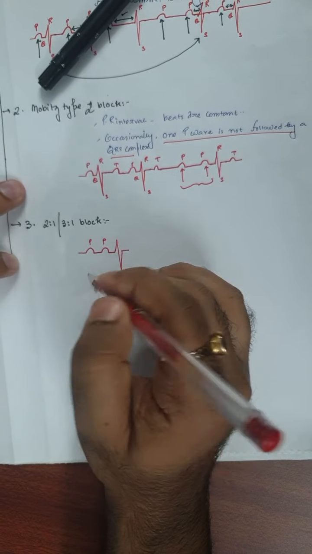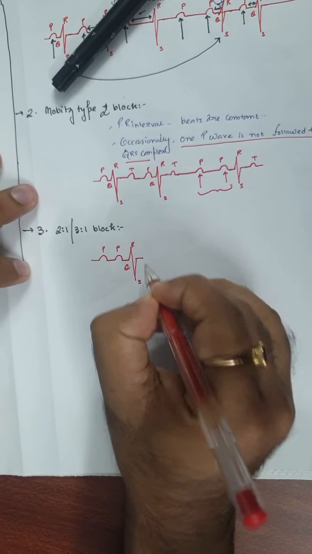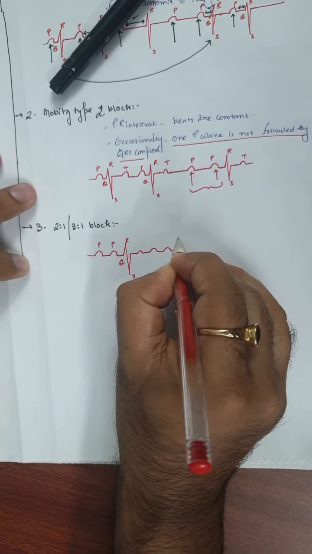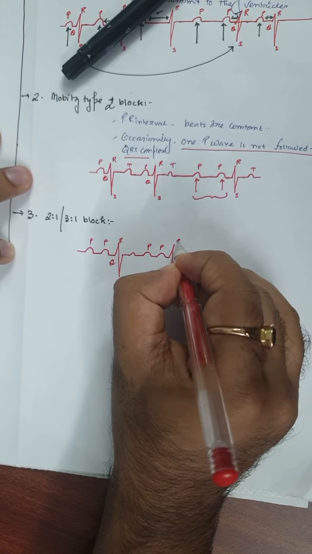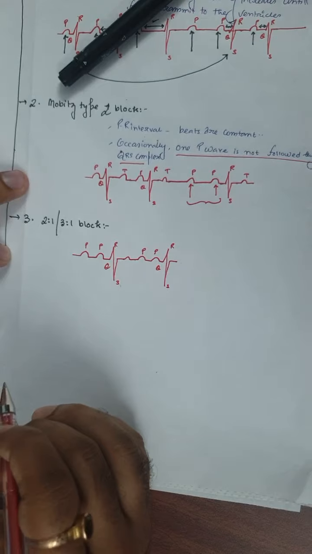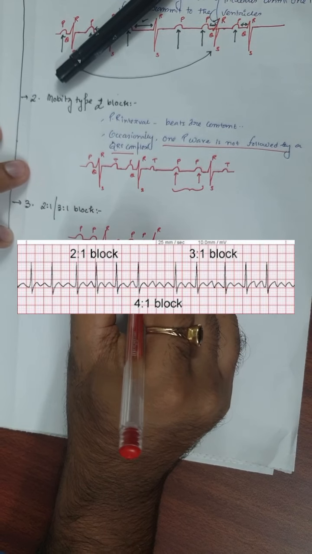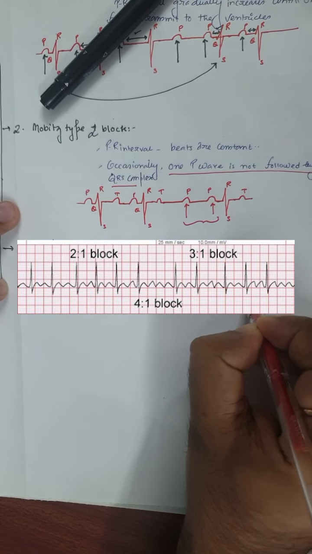Two simultaneous P waves, then a QRS complex. Like this. So two simultaneous P waves, then a QRS complex. This is called a 2:1 block.